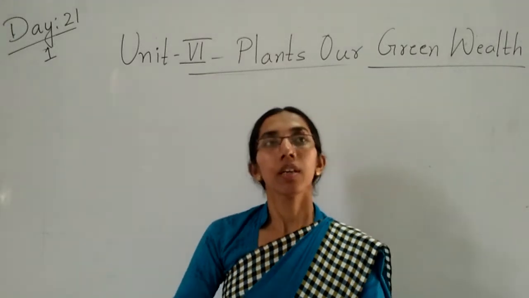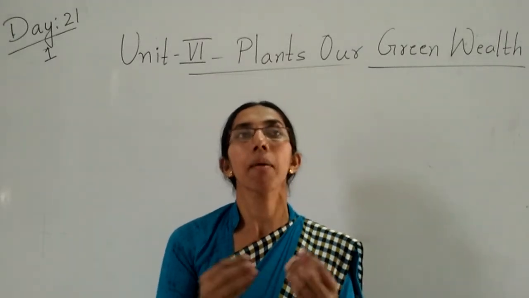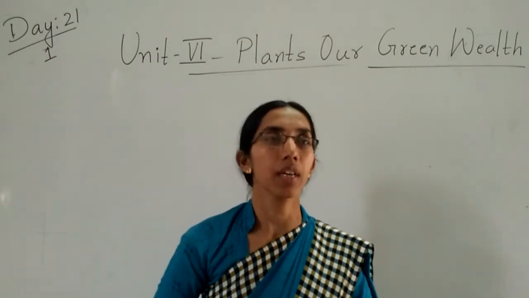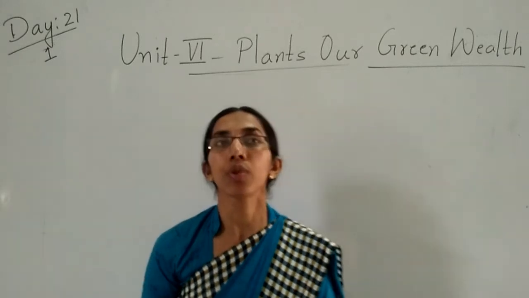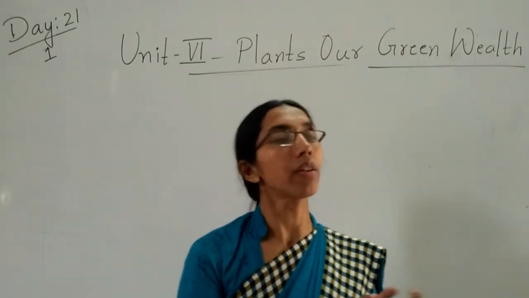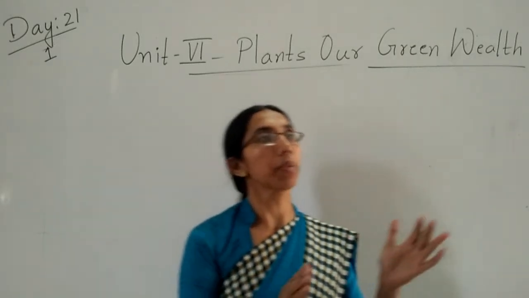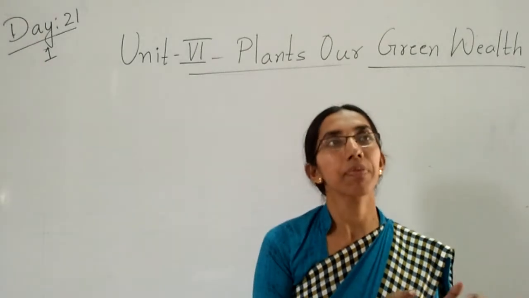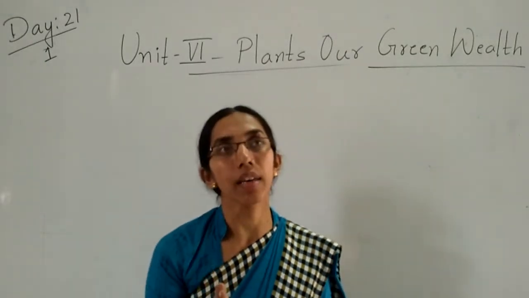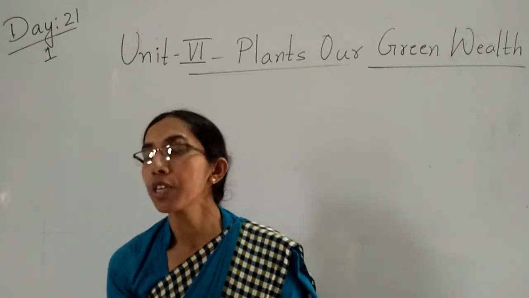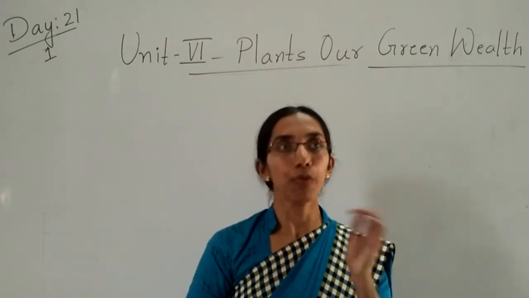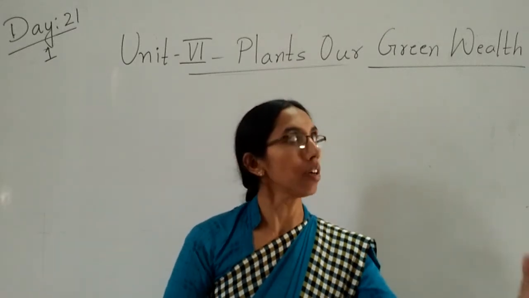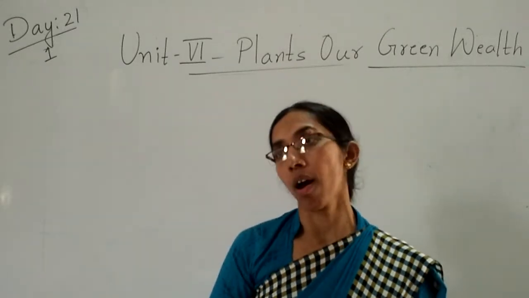Here and there we can find numbers of trees. All trees are different from each other. They are different in shape, size, color, fruits, flowers and leaves also. For example, a mango tree gives mango only.